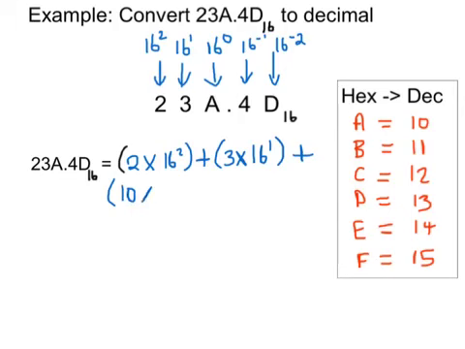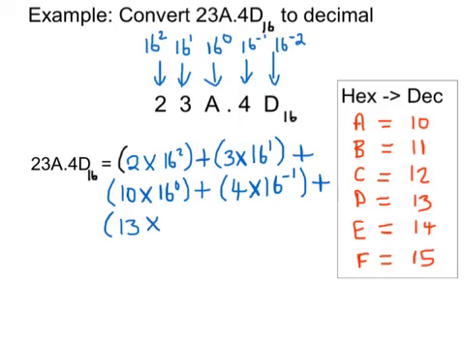So it's 10 multiplied by 16 to the power of 0, plus 4 multiplied by 16 to the power of minus 1, and lastly again D. D has a decimal value 13, so I'm going to write down the last multiplication as 13 multiplied by 16 to the power of minus 2.